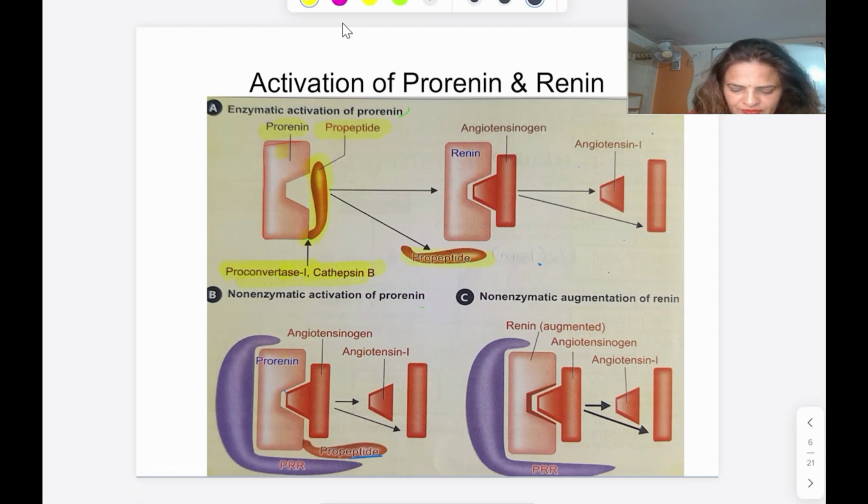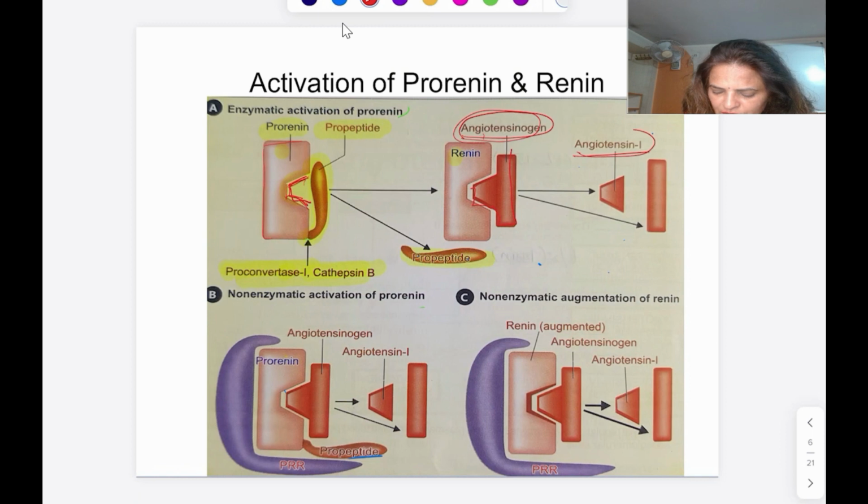Then prorenin gets activated into renin, and the active site of this enzyme is exposed. Angiotensinogen comes and binds here, and angiotensinogen is converted into angiotensin 1. So this is the enzymatic activation of prorenin.